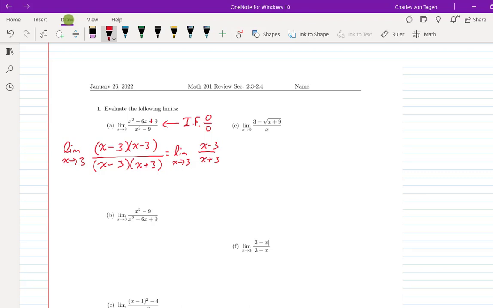All real numbers except negative 3. What's my limit value? 3. Can I do direct substitution on this? Yes, I can. When you do direct substitution, you are evaluating the limit, so we no longer write the limit operation. Now we write 3 minus 3 all over 3 plus 3, which gives me 0 over 6, or 0.